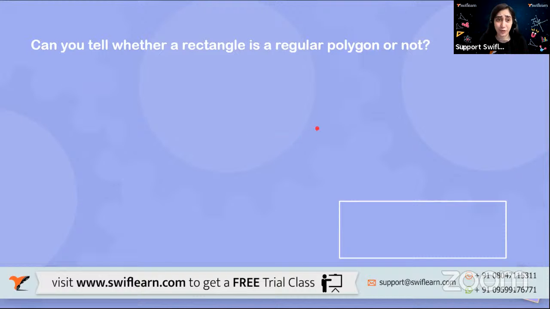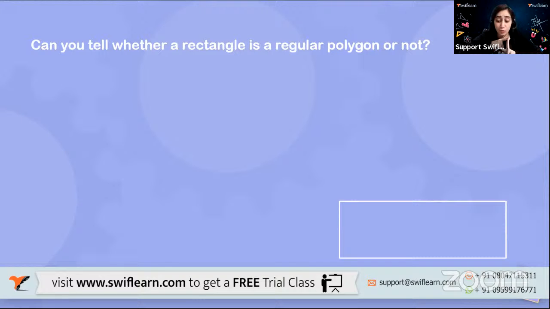Will you say a rectangle is a regular polygon? All the angles are equal. That's right. But how about the sides? Are all the four sides equal? No. So we say a regular polygon is where all the angles are equal and all the sides are equal.